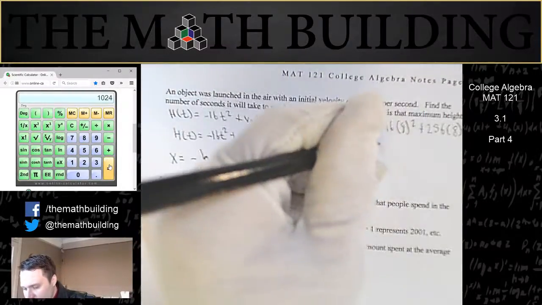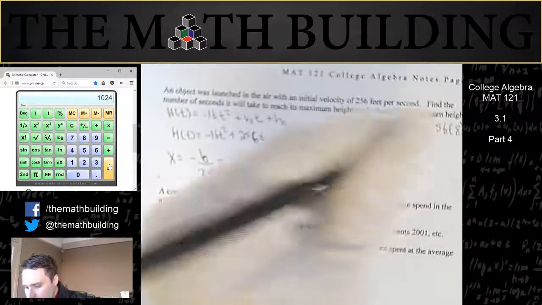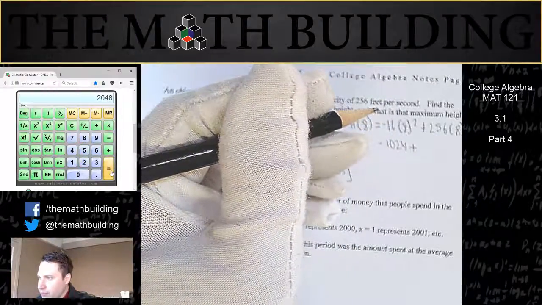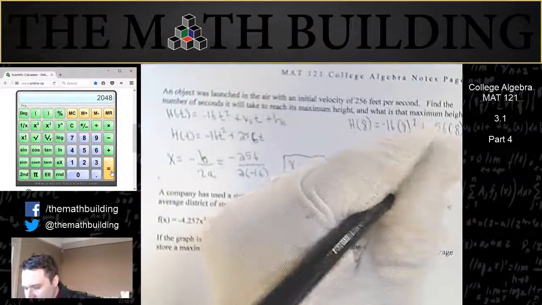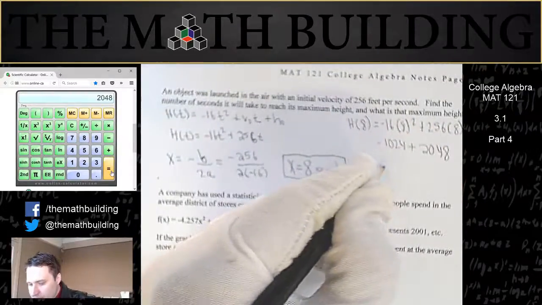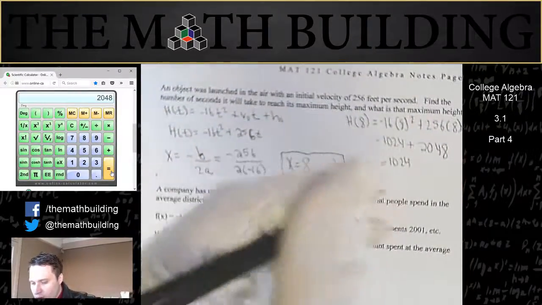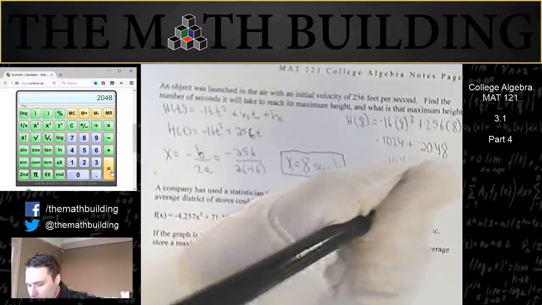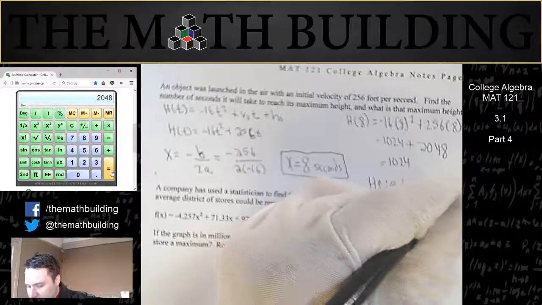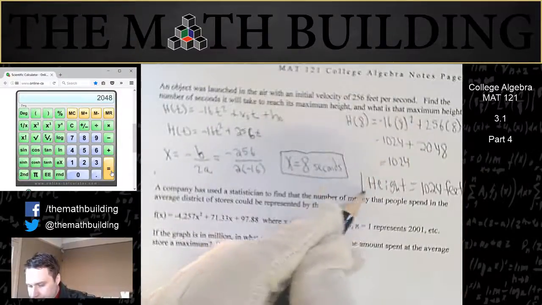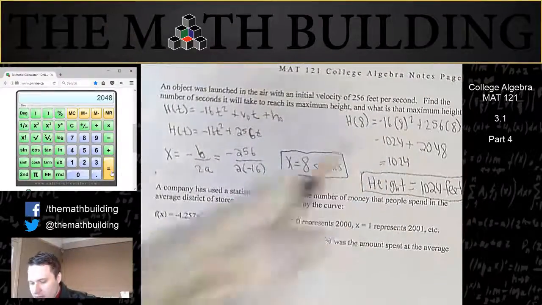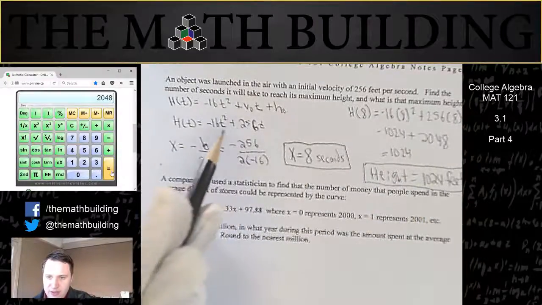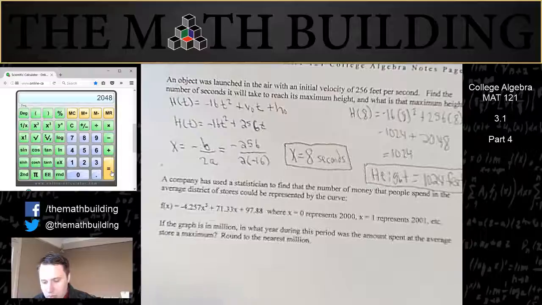So I get negative 1,024 plus 256 times 8 is 2,048. Add those up and you get 1,024. So the maximum height reached will equal 1,024 feet. And in fact, (8, 1,024) is the vertex of this parabola right here.